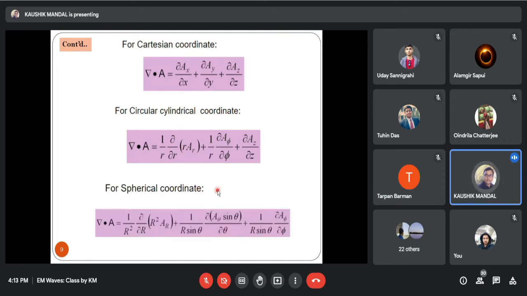For spherical coordinate systems, you have to consider Ar, A theta, and A phi. So these are the 3 expressions of the divergence of a vector A in Cartesian, cylindrical, and spherical coordinate systems.